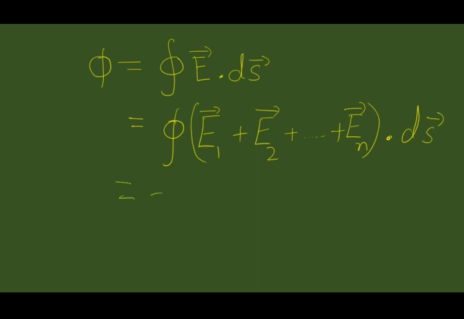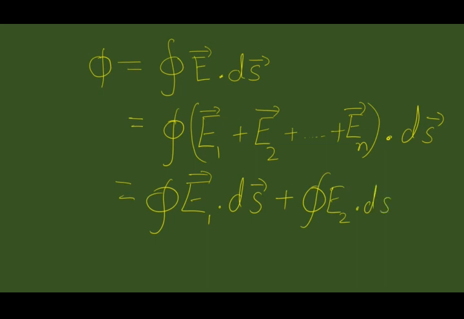That means I can separately write it like this: integral E1 dotted with ds vector plus integral E2 dotted with ds vector. These are all surface integrals, remember, plus so on, En dotted with ds vector.